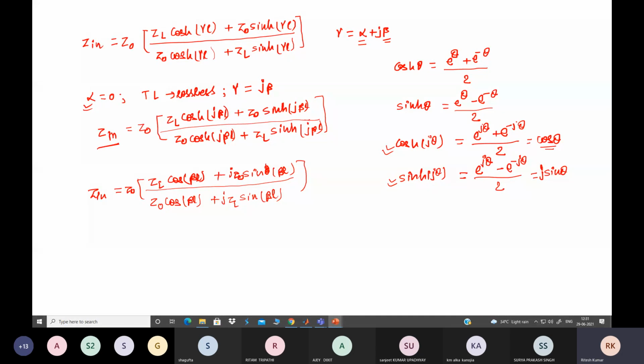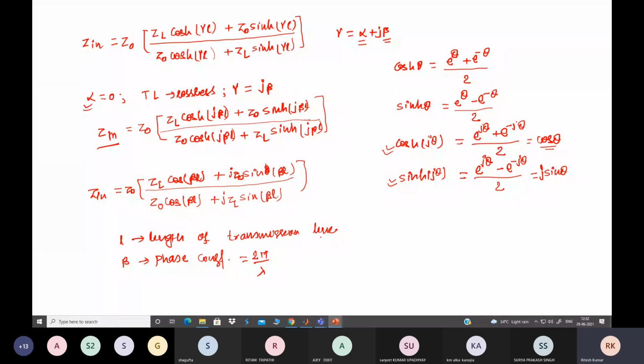Now for different lengths L, we can make some standard results for the input impedance. One by one we will discuss all those. Now what is this beta L? L is the length of the transmission line. And beta is the imaginary part of the propagation constant, a type of phase shift or phase constant, which is equal to 2 pi divided by lambda.